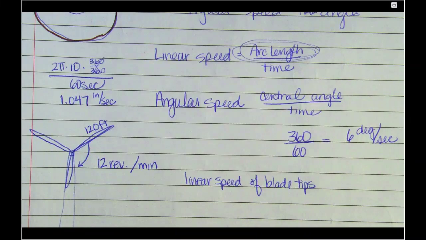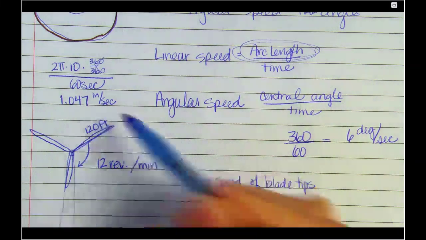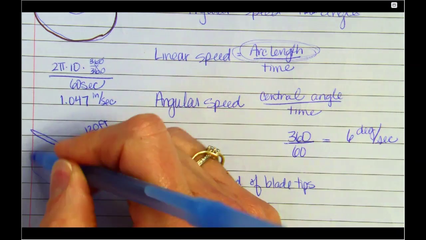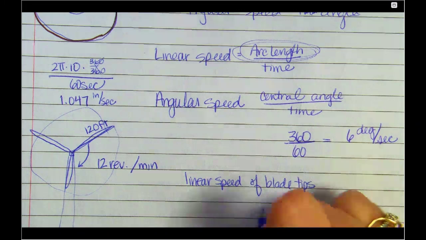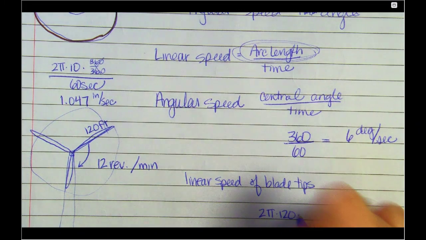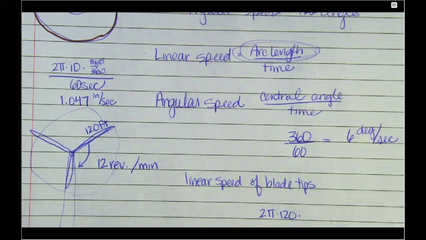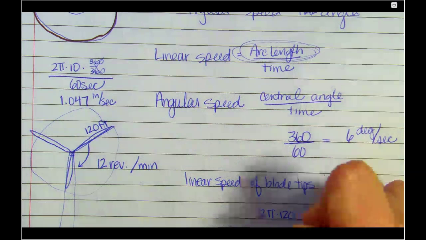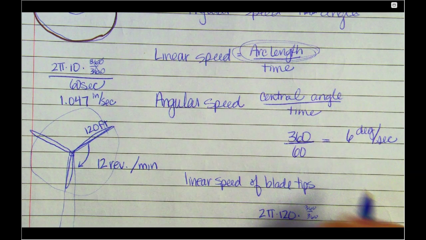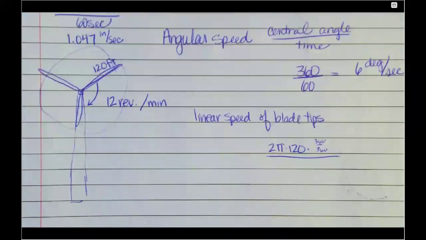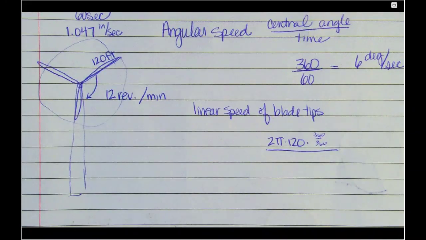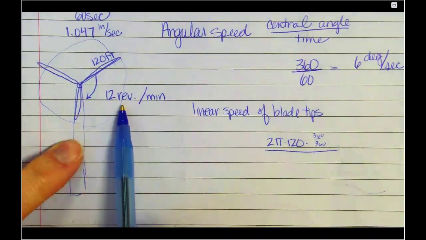This is not hard. You're just going to go once around. So you can figure out that's the circumference. Right? So 2 times pi times 120. If we go once around, how many degrees is that? 360 out of 360. So honestly, don't even need that part for this problem. But what's the time for that? 5. Right? Because it's 12 revolutions per minute.